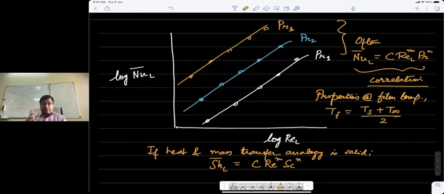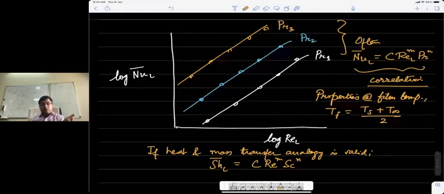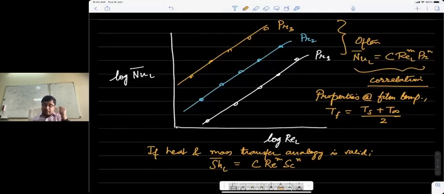Again, that is to ensure that we have at least some accuracy. If you calculate properties only at T infinity, near the surface the predictions will fail because the temperature might be very high, and so the properties can change quite significantly near the surface, and vice versa.